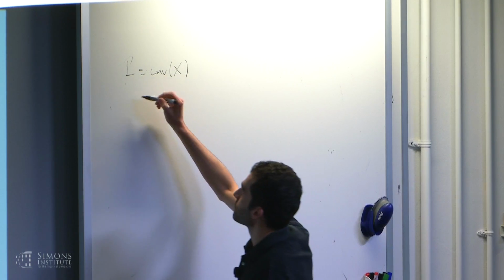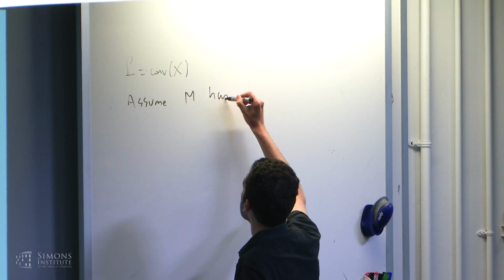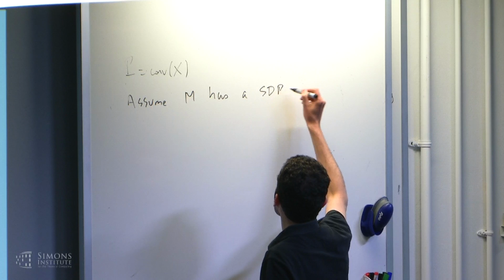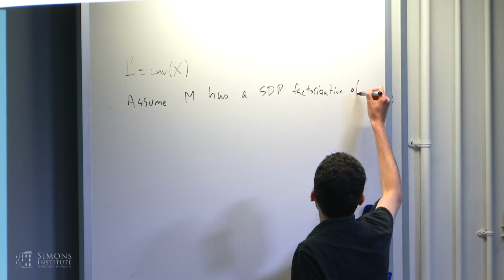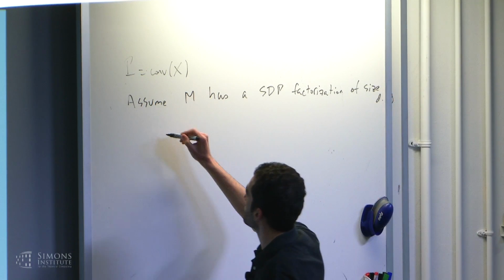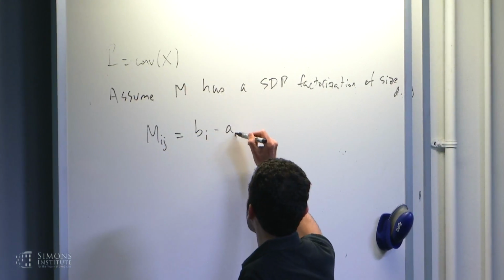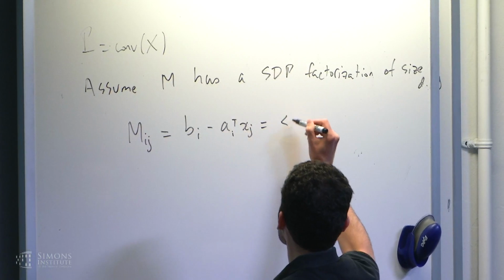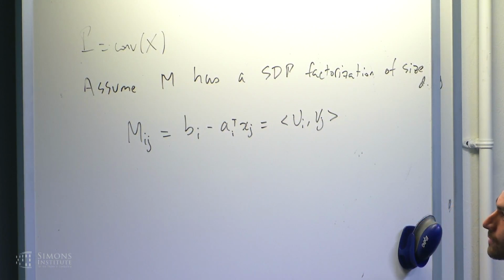I'm going to assume first that M has an SDP factorization of size D. This means that Mij, which is essentially Bi minus Ai transpose Xj, is the inner product of Ui and Vj. And I want to show that my polytope P has an SDP lift of size D.